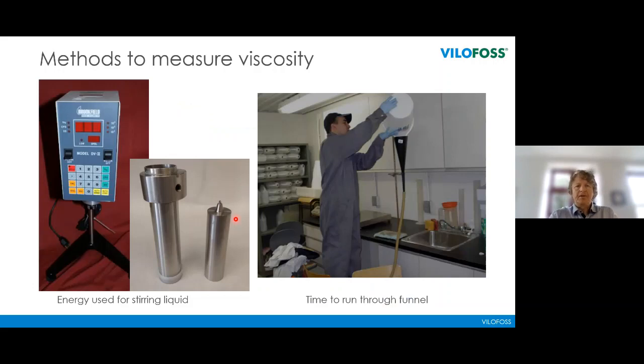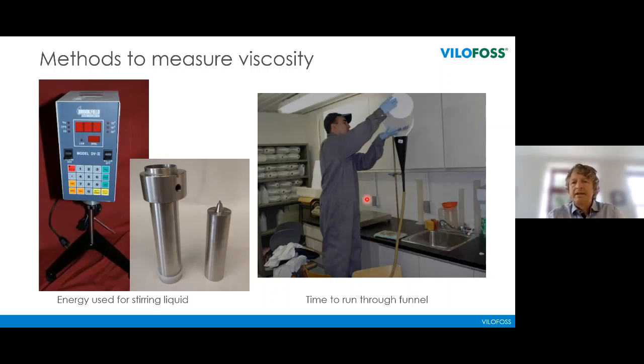So viscosity is important for the efficiency of the biogas. There are different ways to measure that. Here on the left side is a very traditional meter, often used in the labs. You put it down in the liquid, and it measures the resistance to rotating and moving around.